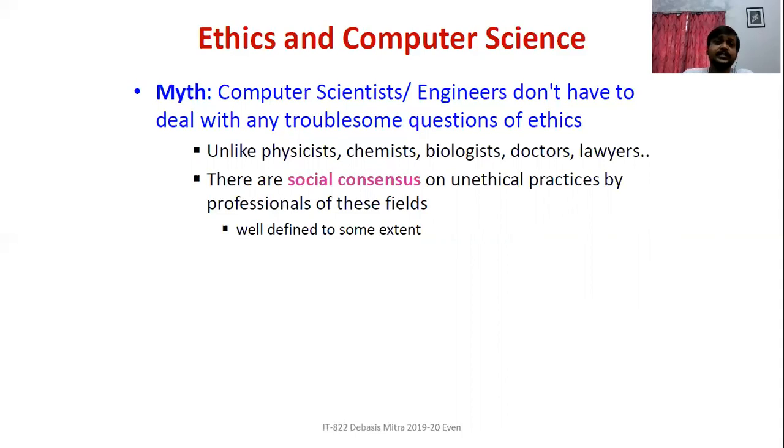Unlike other professions like physicists, chemists, biologists, doctors, lawyers, who are supposed to follow some ethical principles, which, as I mentioned, have been developed over several years of practice, with social consensus among both the persons who practice the profession and the stakeholders at the receiving end.